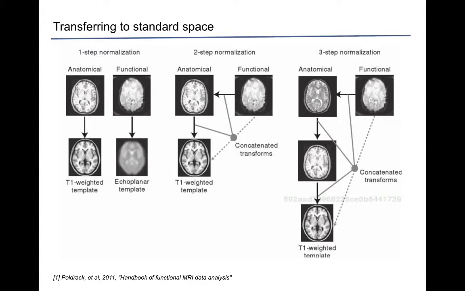There are different ways of doing the normalization, and I think for many studies the two-step normalization is what many people use. Chris talked about this part last week, so I'm not going to spend so much time on this slide.